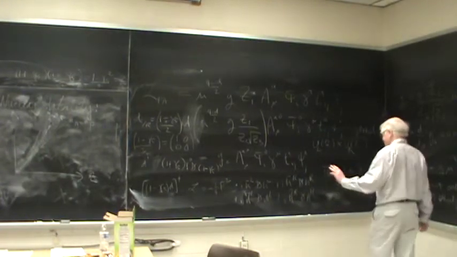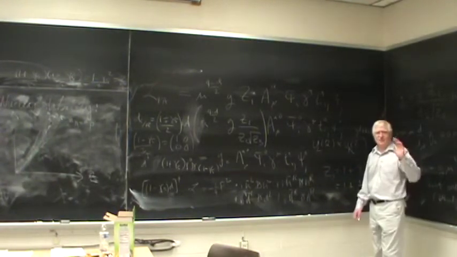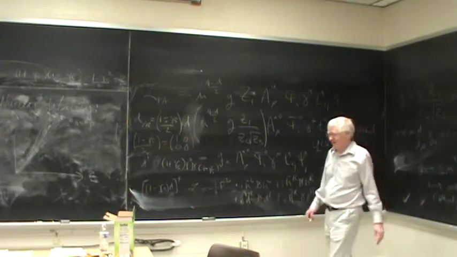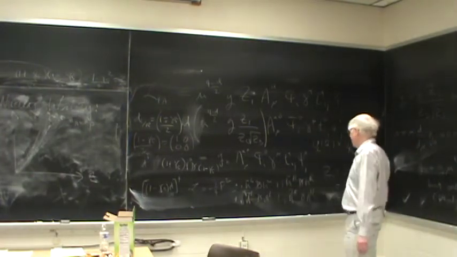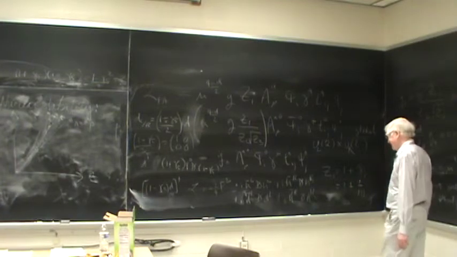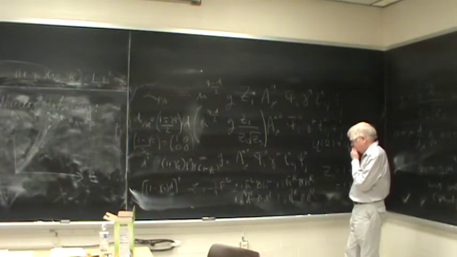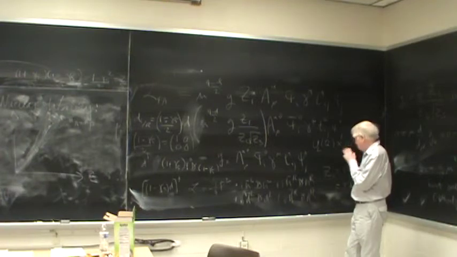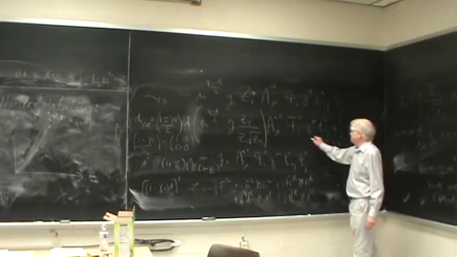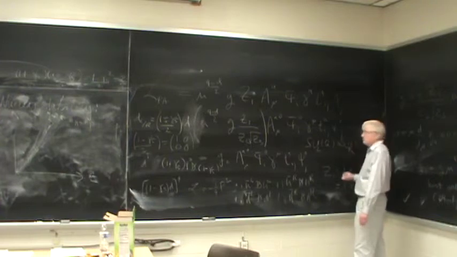Schwartz postpones it to, I don't know, chapter 29 or 34 or something. And he's quite right to do that. Okay, anyway. So we're just going to look at SU2 left cross SU2 right.